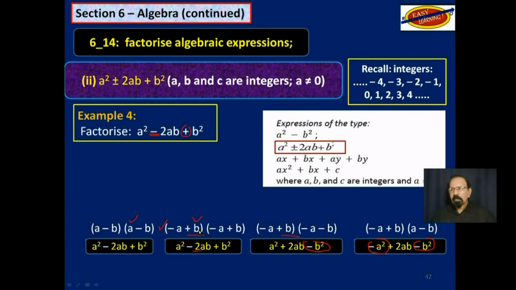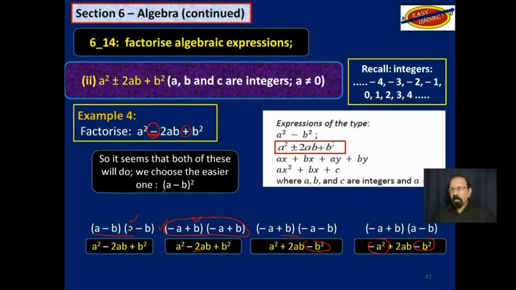As I said, this one is not normally used, so we will stay away from that. We will use this one, a minus b squared. While both of those can be used, we will use this one because that is the most commonly used one.